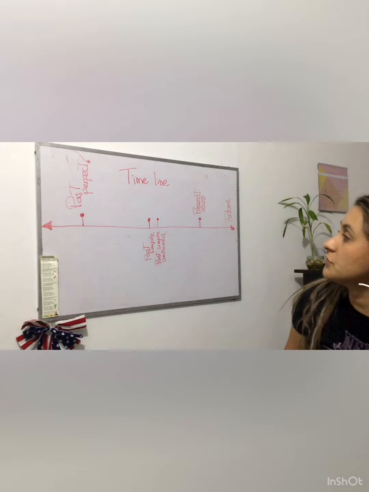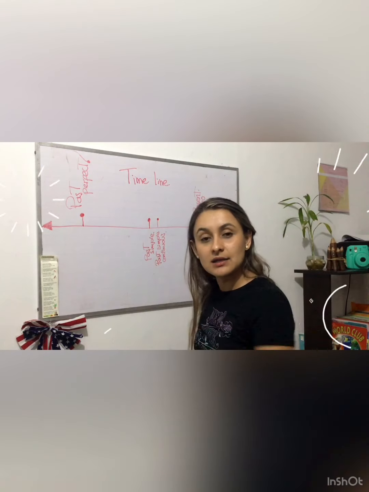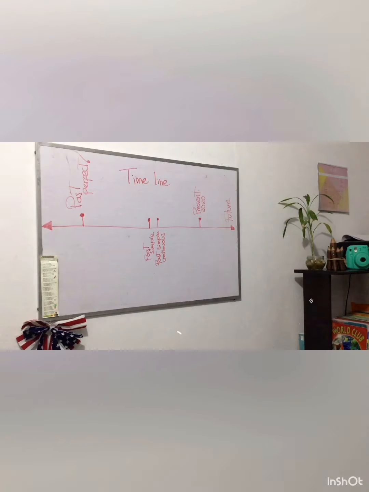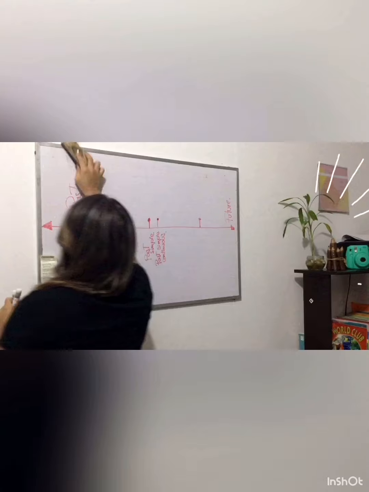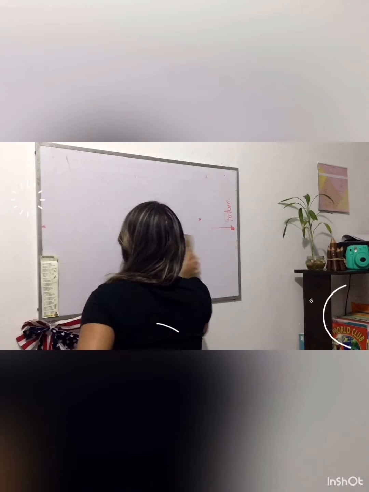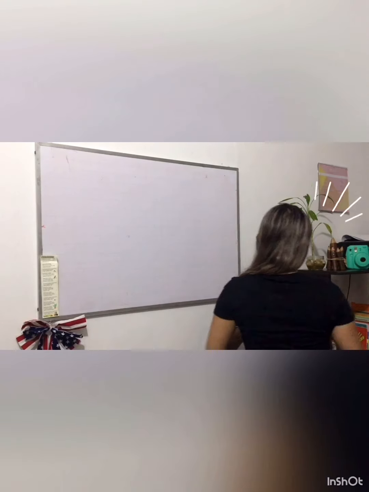So I'm going to show you each tense and the characteristics, okay? So let's erase here. And we are going to start talking about past simple and past simple continuous, okay? So remember, for past simple, you guys need to use different things.